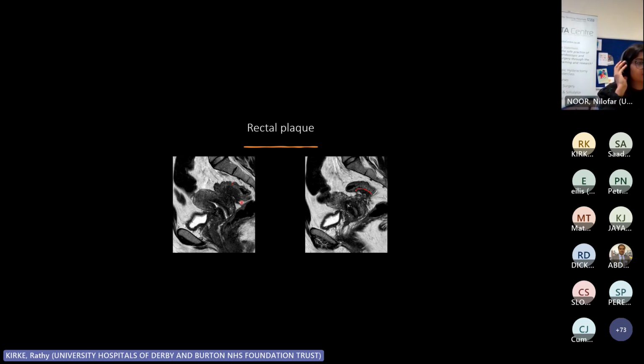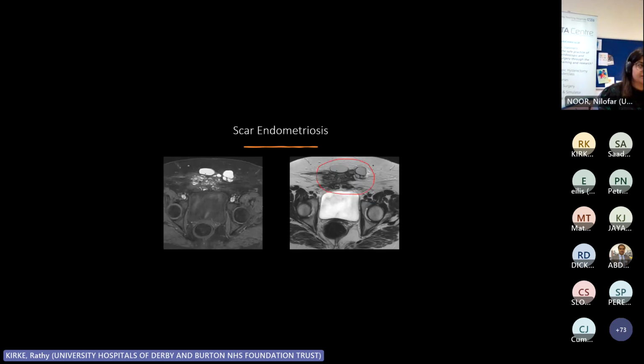Is this just something they can shave off, or do they need to actually resect and then do a primary bowel anastomosis? That information is available on MRI, and that's why we tend to favor MRI for looking for deep pelvic disease.